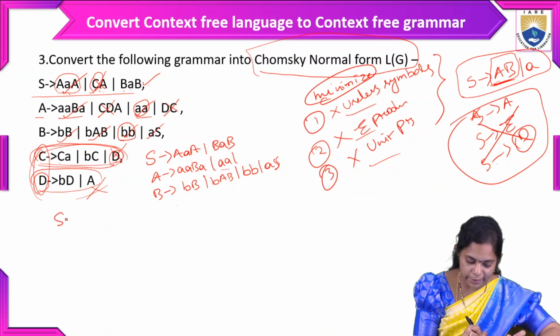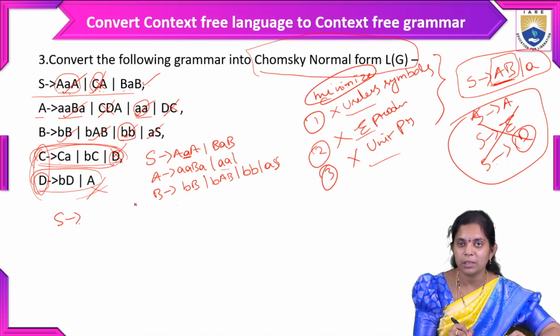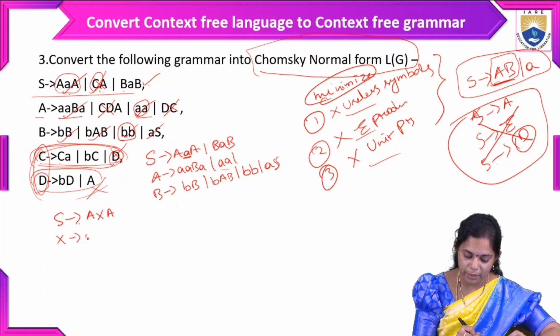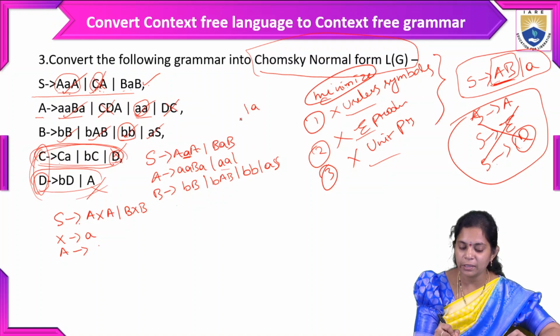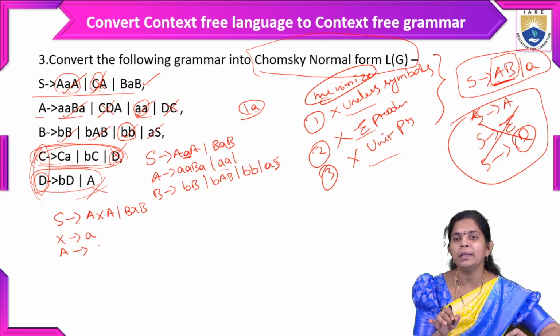If you take S tends to, substitute the value a with one more capital letter, X tends to a. I will take the X value. So AXA and BXB. If in this equation we have any terminal value, we need not substitute it, because it would again be a unit production.